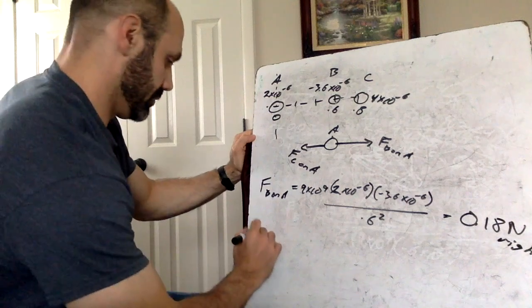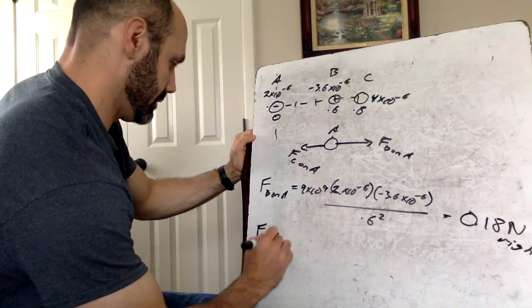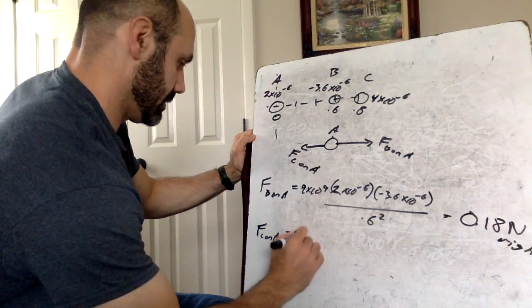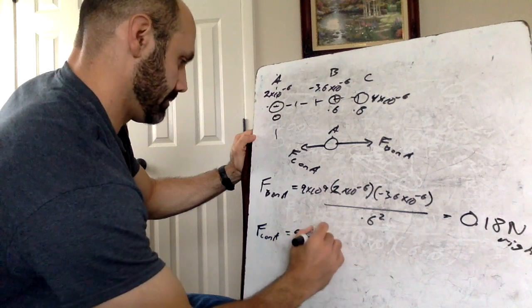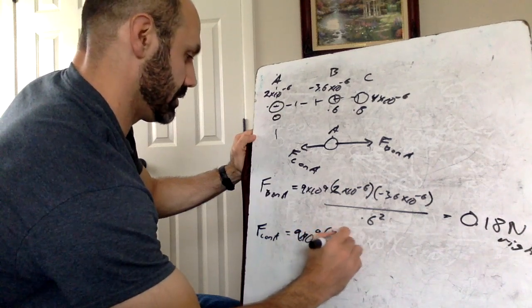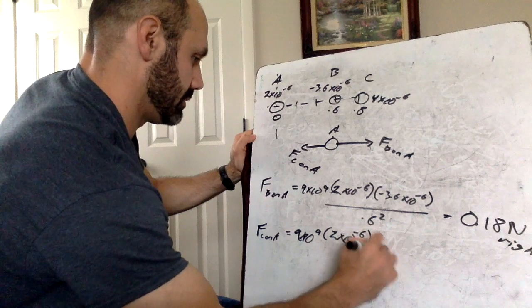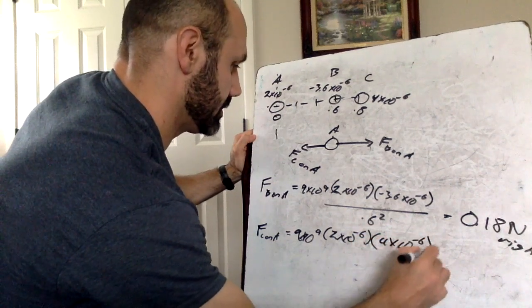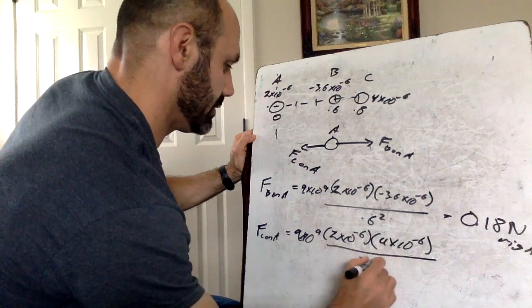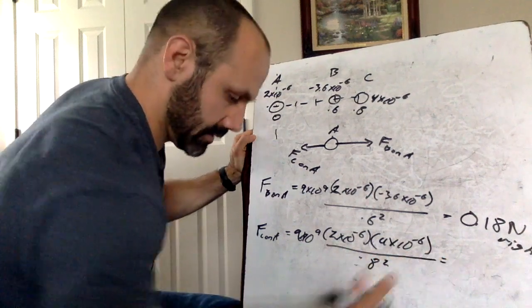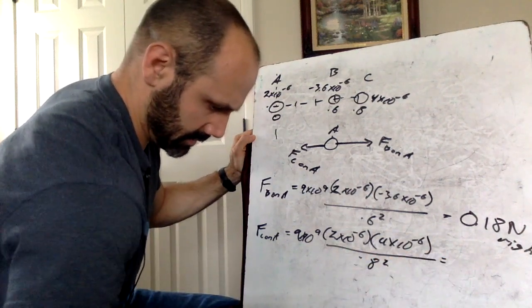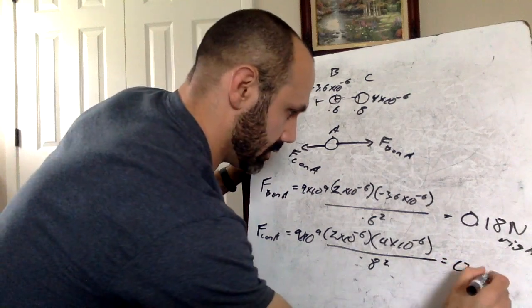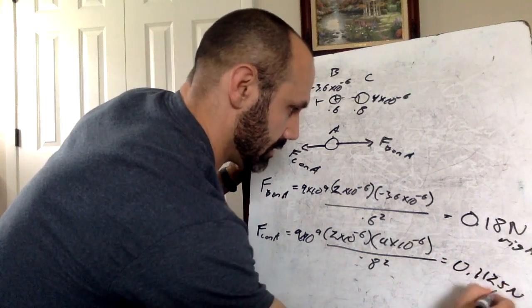Okay, and then the force of C on A, got 9 times 10 to the 9th, 2 times 10 to the negative 6th, times 4 times 10 to the negative 6th, over 0.8 squared, and this comes out to 0.1125 newtons left.